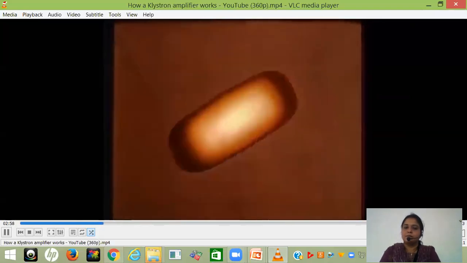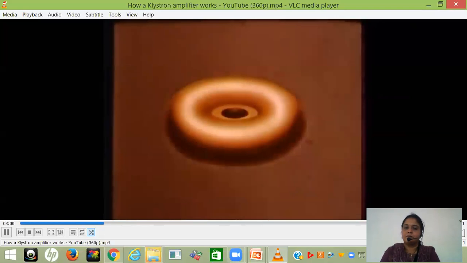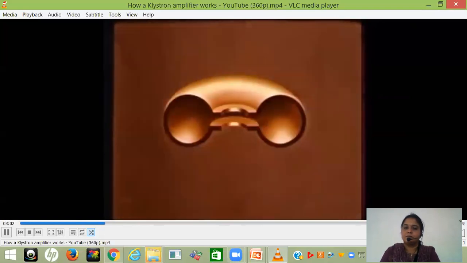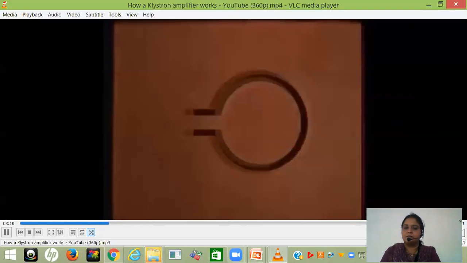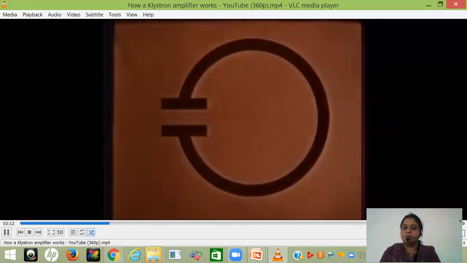There is a certain similarity between a cavity resonator and a conventional resonant circuit. A simple resonant circuit consists of a capacitor and an inductive loop.